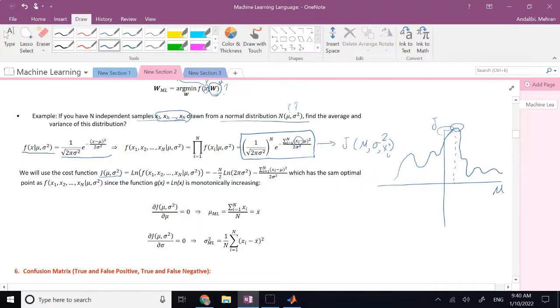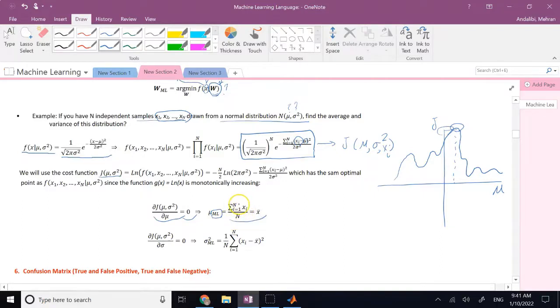So what do I do? I use my calculus knowledge. I take the derivative of this function, partial derivative with respect to mu, set it equal to 0. If I do that, I can easily find mu, and the mu that I find based on the maximum likelihood, we call it mu maximum likelihood. The mu that I found by the maximum likelihood method is simply going to be the average of the data.